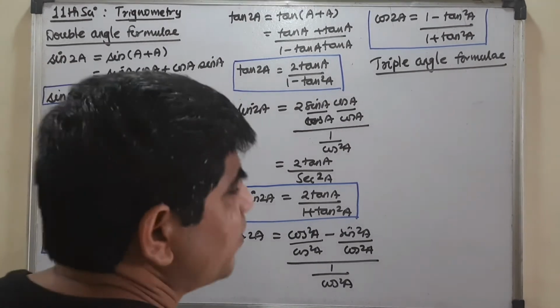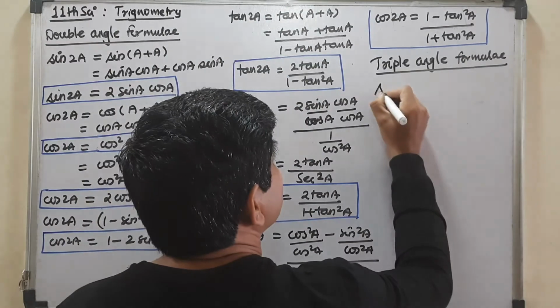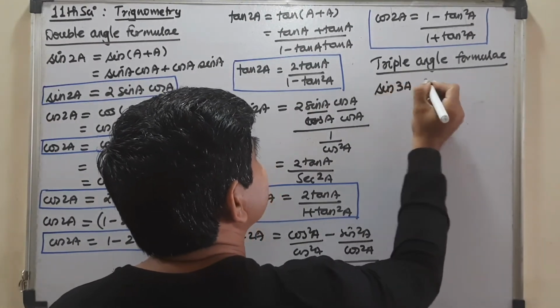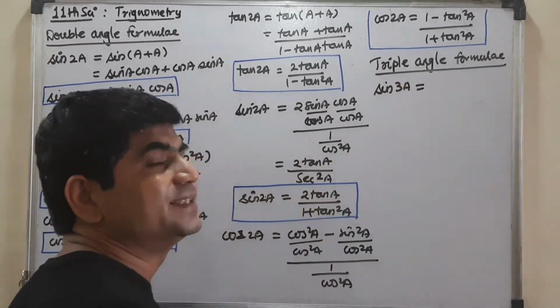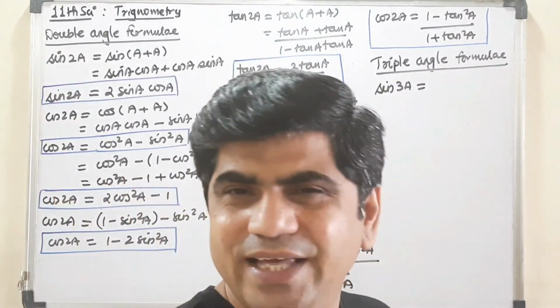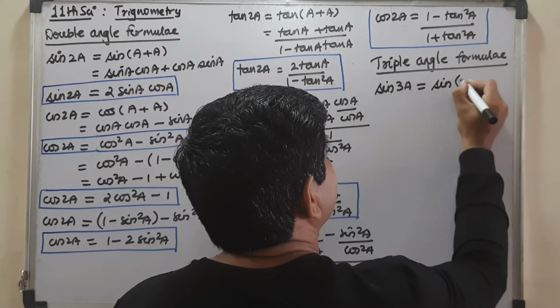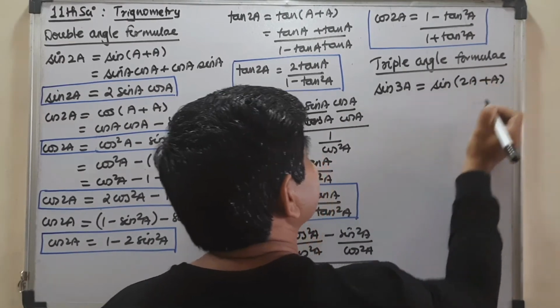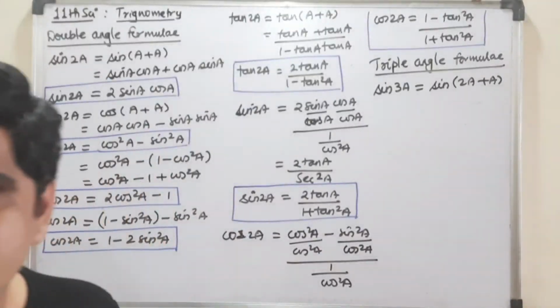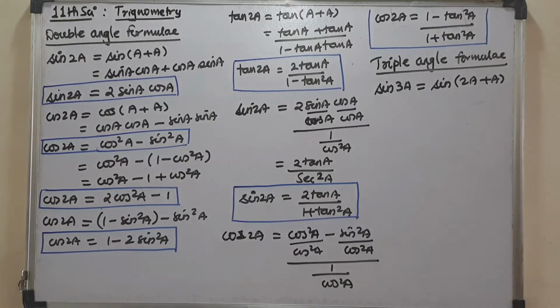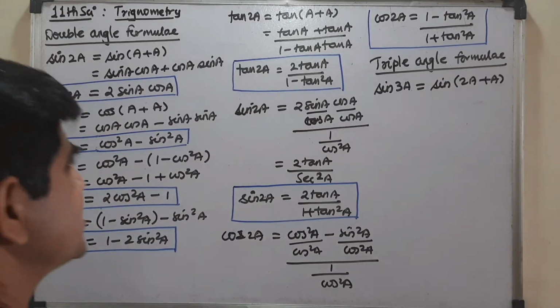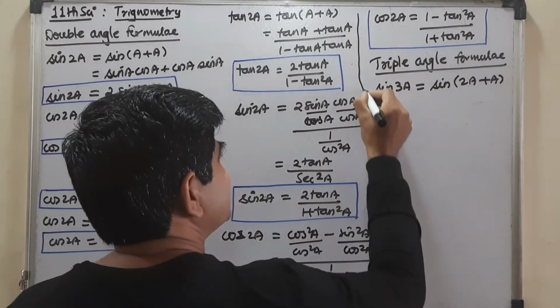So the triple angle formula means obviously it will be what? Sin 3A. How will I do sin 3A? Writing sin A plus A is of no use, so I do it like this. I will write sin 2A plus A. So that will be obviously, I am writing it here, a little bit to this side.